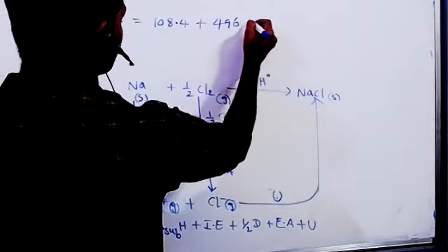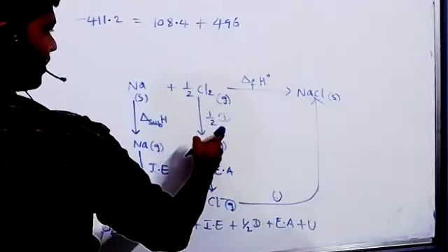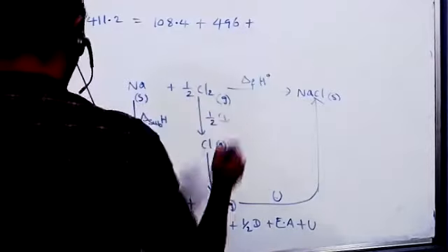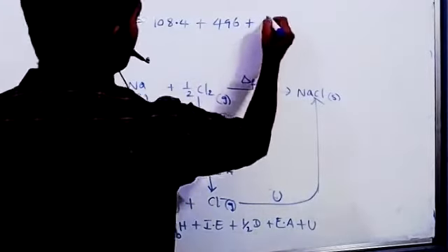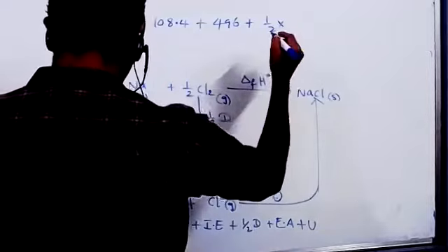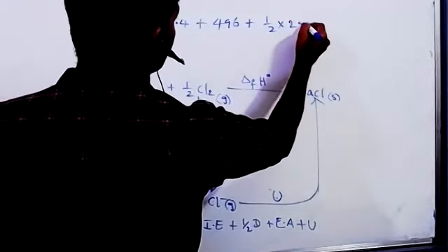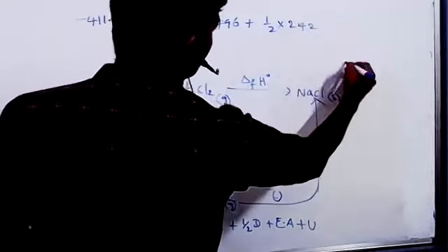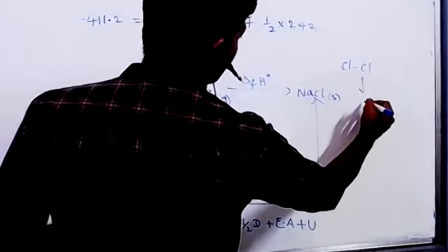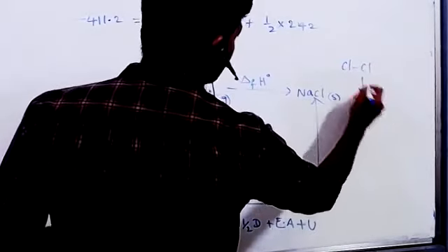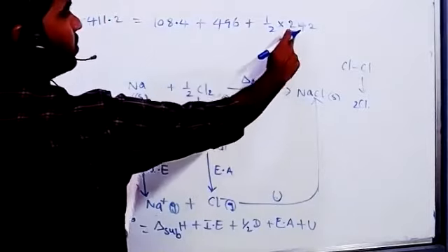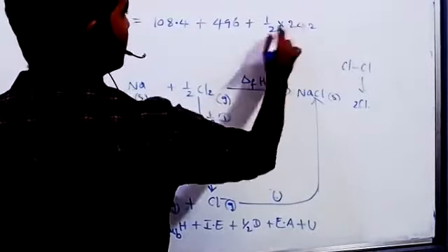Next, the enthalpy of dissociation: 1/2 into D, the value is 242. To dissociate chlorine molecule to chlorine atoms, we need to give 242 kilojoules of energy, but we need half only.